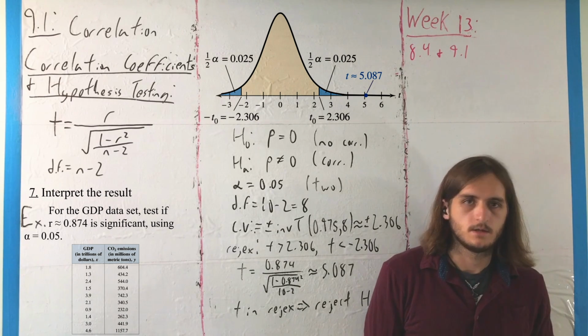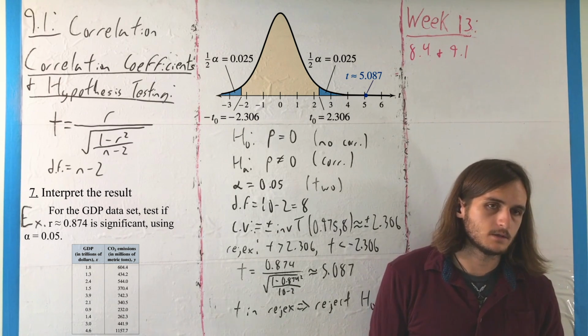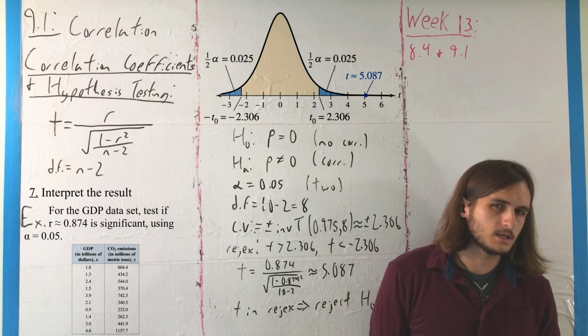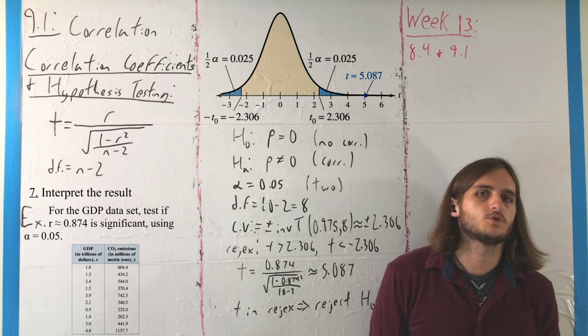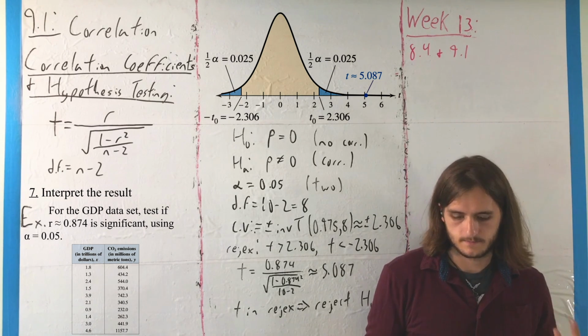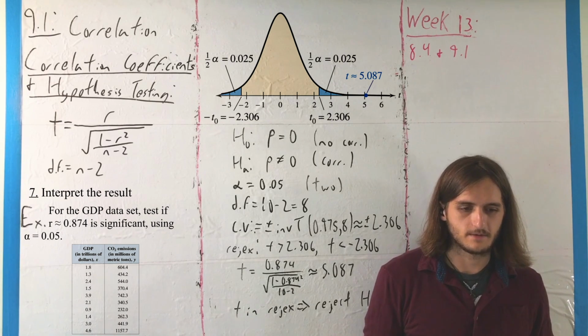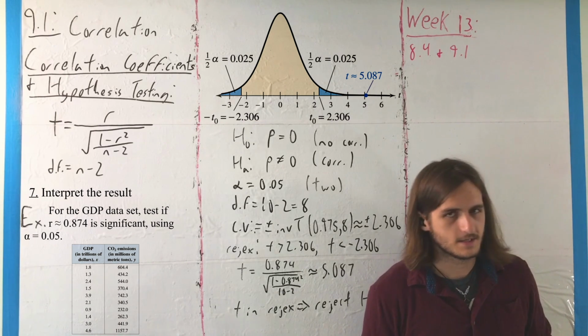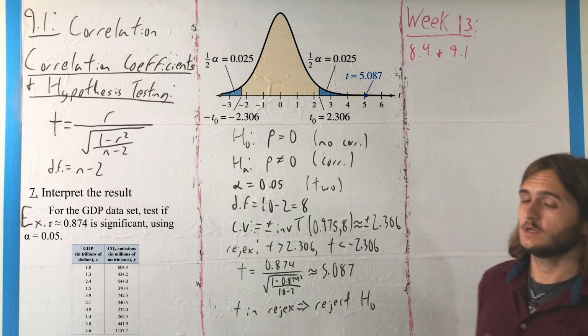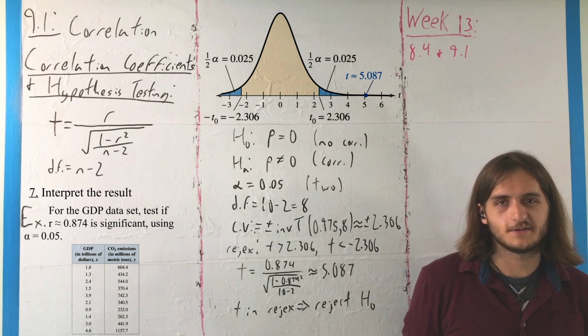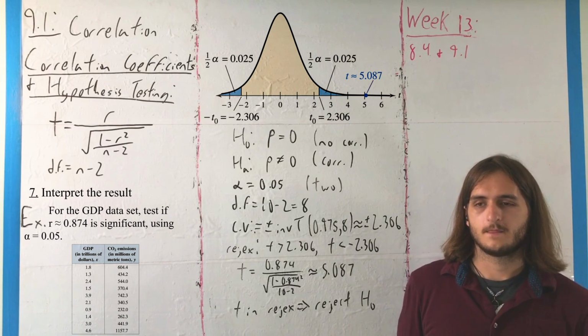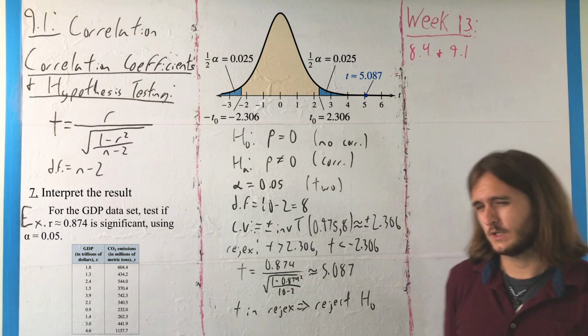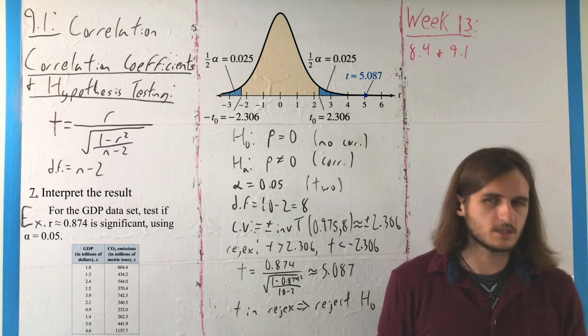But, even though it is significant, does that mean an increase in CO2 emissions causes an increase in GDP? Or that an increase in GDP causes an increase in CO2 emissions?